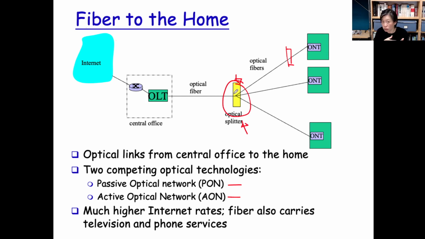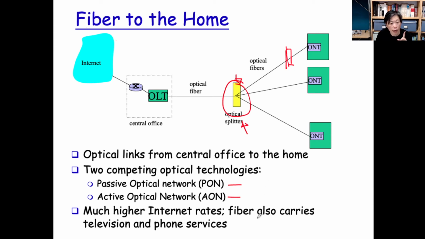You just have mirrors so that you can reflect signals in the right direction to the destination. There's no signal amplification. But if you use an active optical network splitter, these signals get split and amplified before they get passed on further. That is very necessary in case there are multiple levels of splitters along the way. As a signal travels a longer distance, even though it's an optic signal, it still decays.